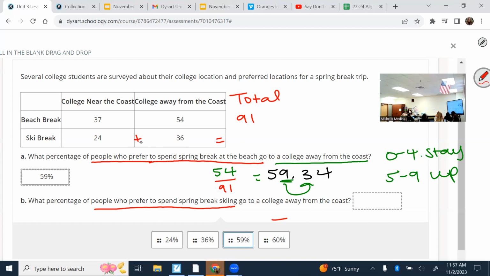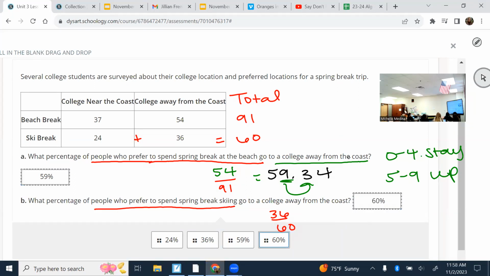And that'll give me 60, right? Okay, so out of 60, how many want to go to college away from the coast? 36. So out of those 60, 36 want to go to college away from the coast. Divide that now. Times it by 100. And that's an even 60%.